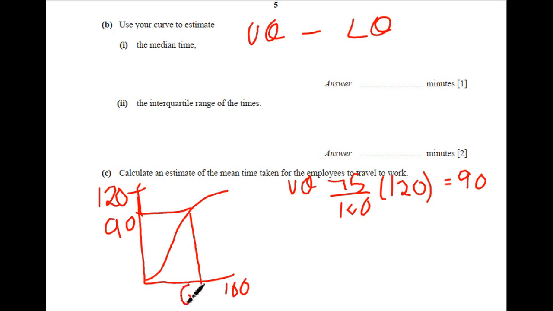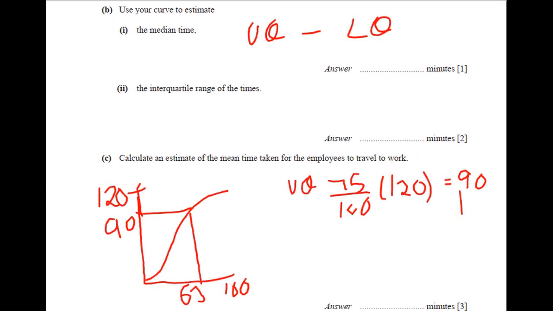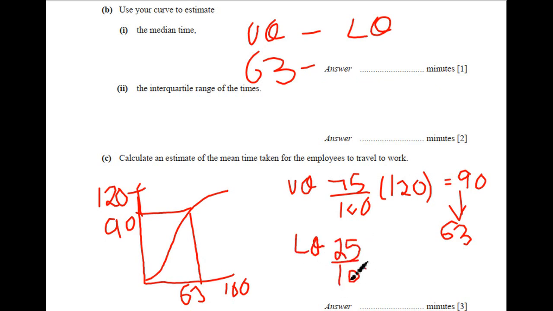Let me use 63. So the upper quartile is 63 minus the lower quartile. Lower quartile is found by first finding 25% of the maximum value of the graph, which is 30.